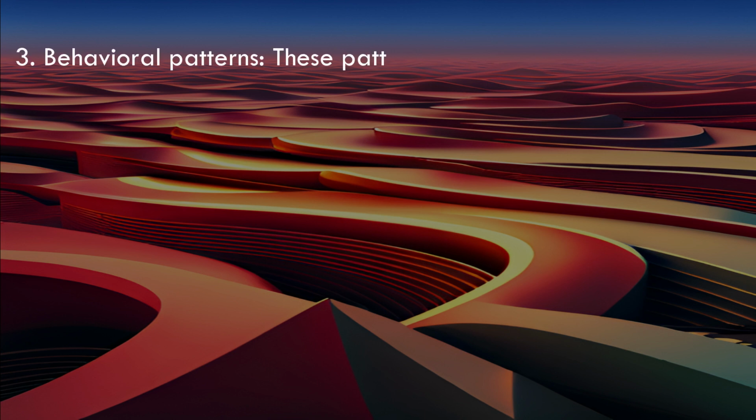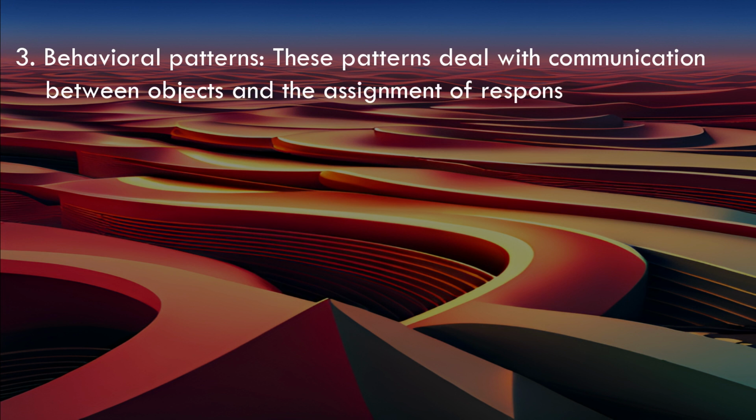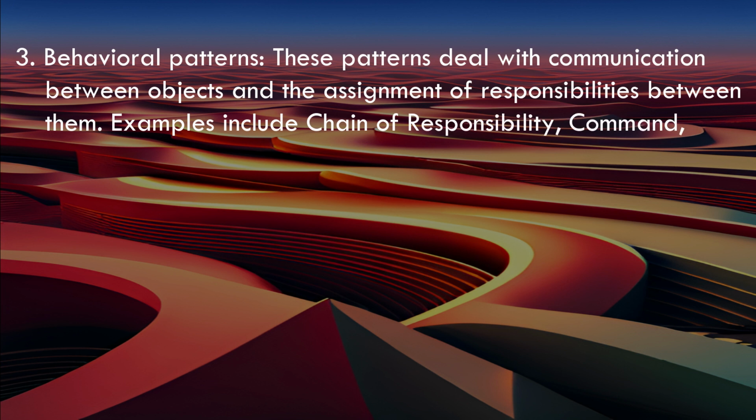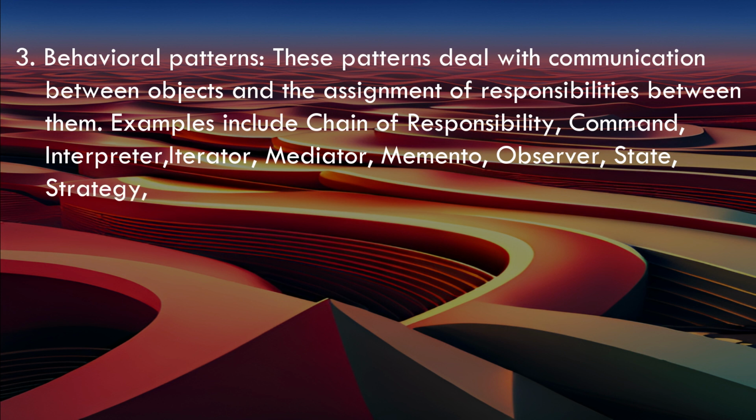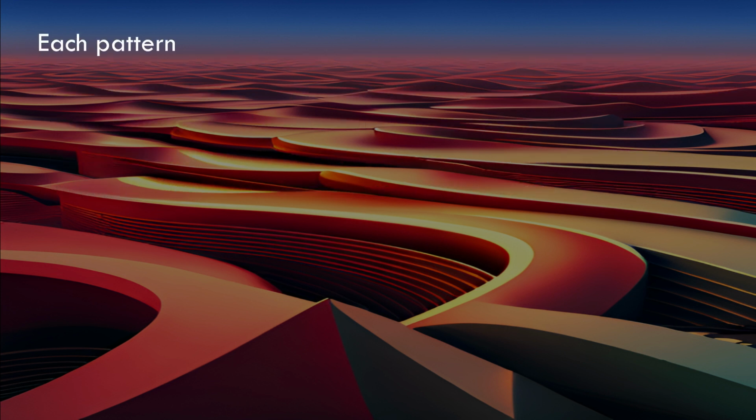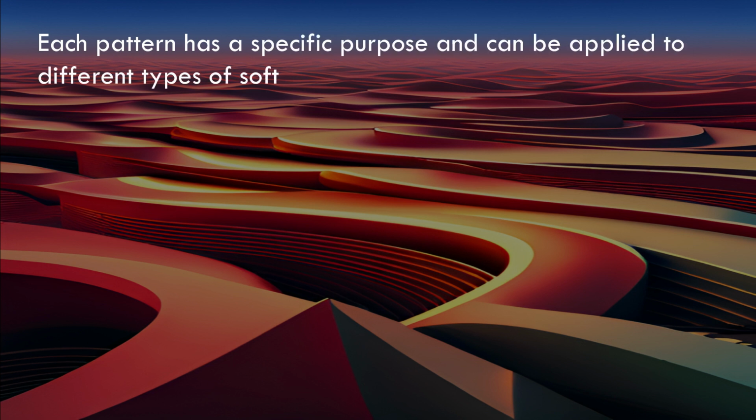3. Behavioral patterns. These patterns deal with communication between objects and the assignment of responsibilities between them. Examples include chain of responsibility, command, interpreter, iterator, mediator, memento, observer, state, strategy, template method, and visitor patterns. Each pattern has a specific purpose and can be applied to different types of software design problems.